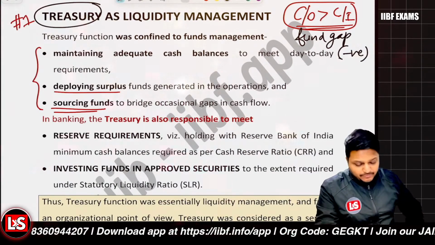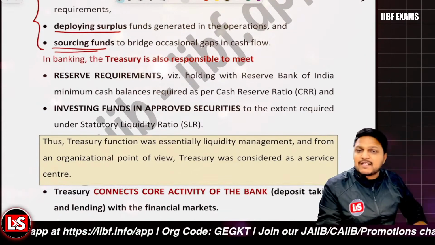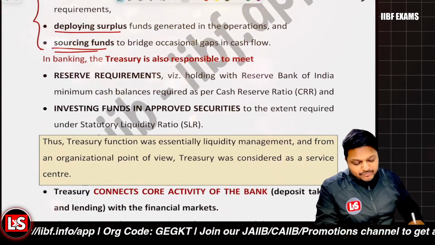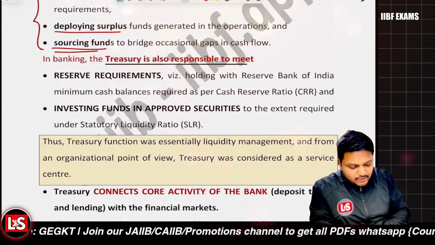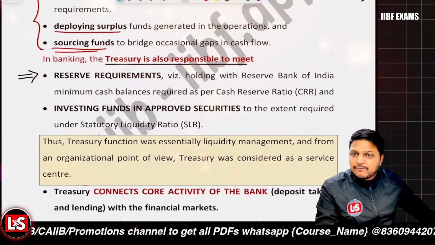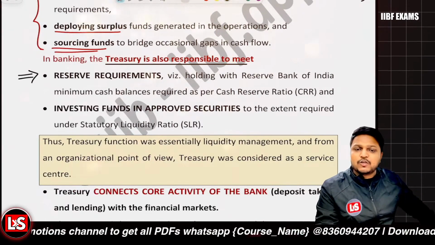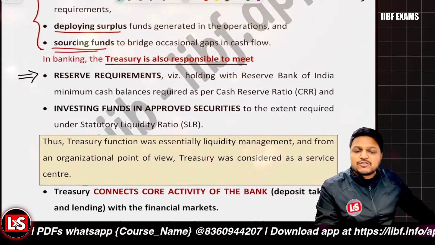But now the treasury is responsible for various things, like I told you, ALM, risk management, and so on. In banking, the treasury is also responsible for managing the reserve requirements. Banks have to comply with different rules and laws, like maintaining the cash reserve ratio and the statutory liquidity ratio.